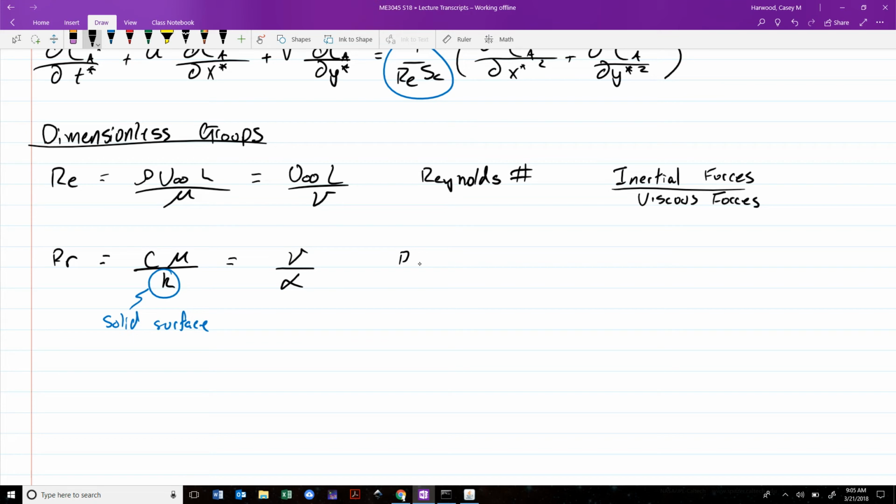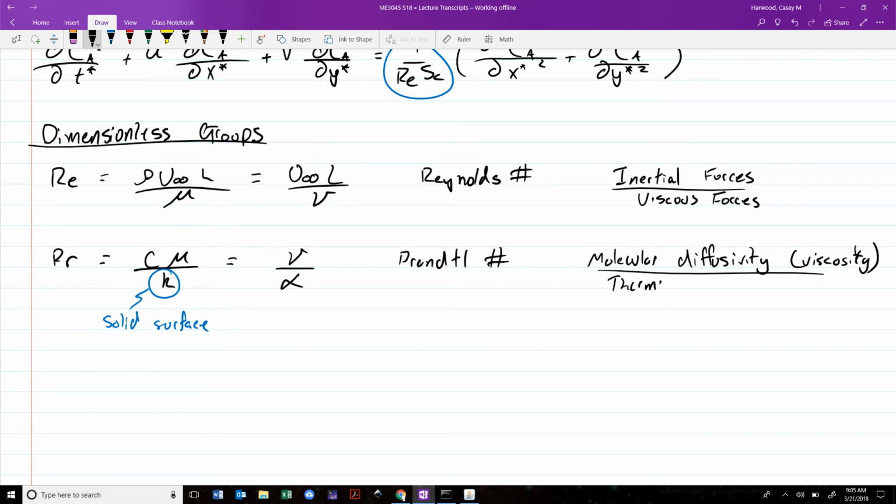So this is known as the Prandtl number, and this is a ratio of molecular diffusivity, which is just a fancy way of saying viscosity, or the diffusivity of momentum, relative to thermal diffusivity.